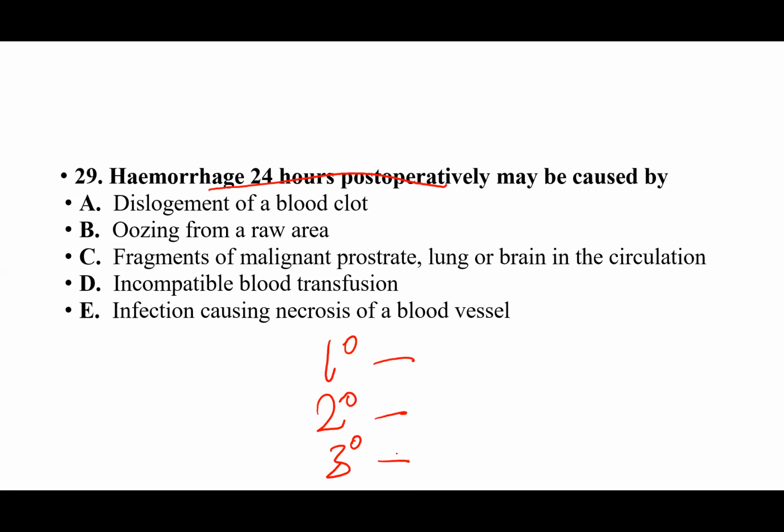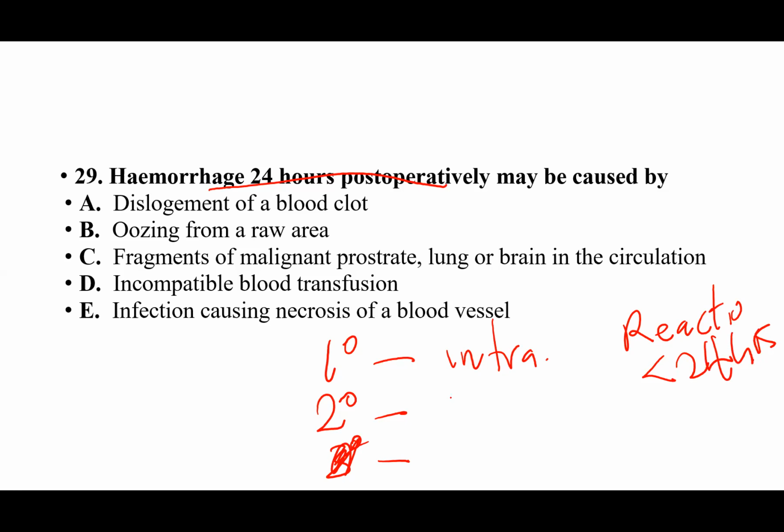Primary is intra-op hemorrhage, sir. Reactionary is hemorrhage within 24 hours of surgery. Less than 24 hours. Yes, sir. Then secondary is greater than 24 hours, up to 7 days.